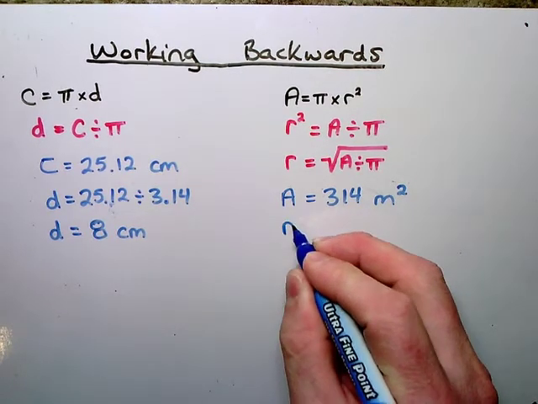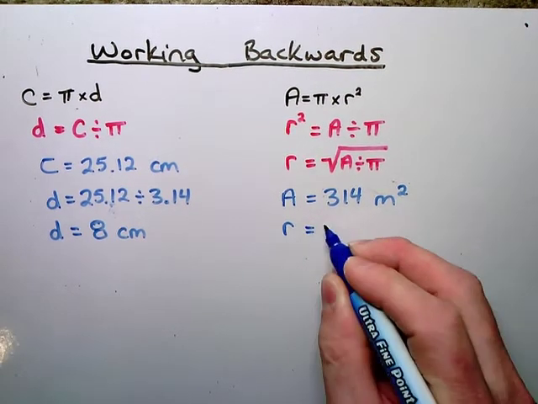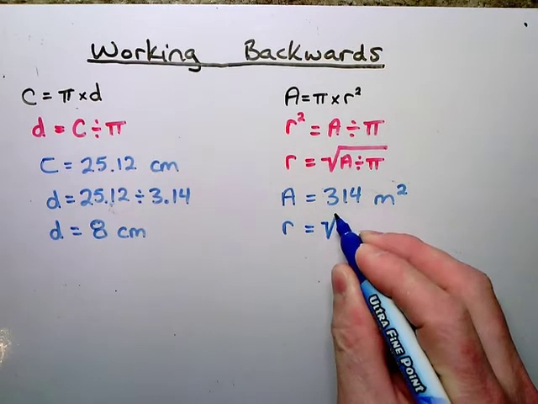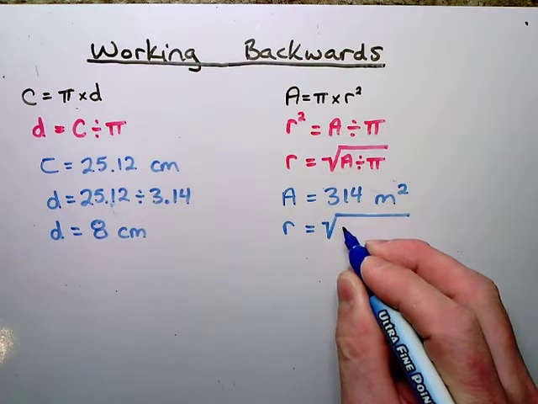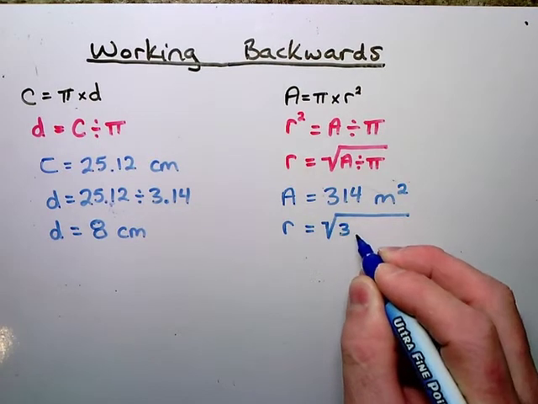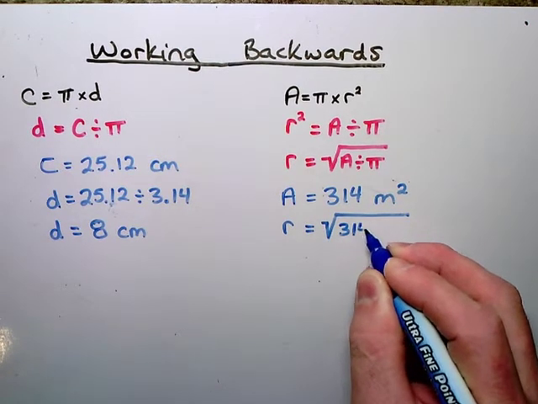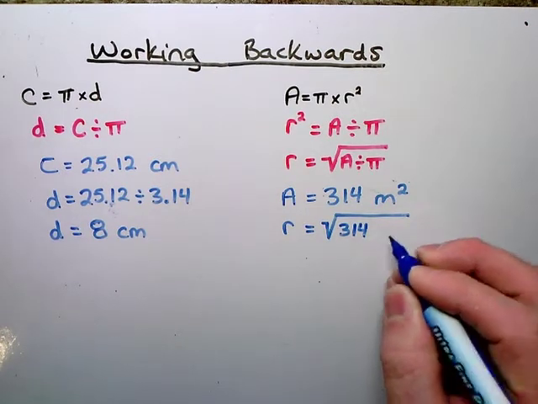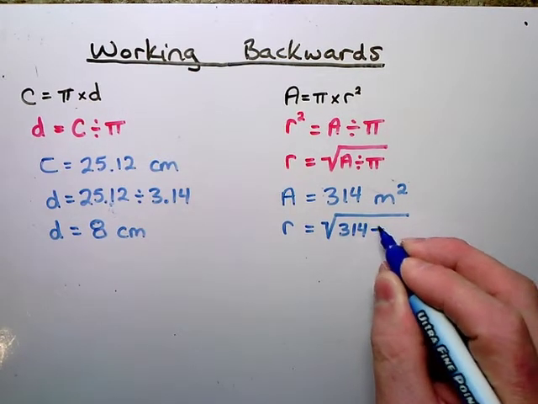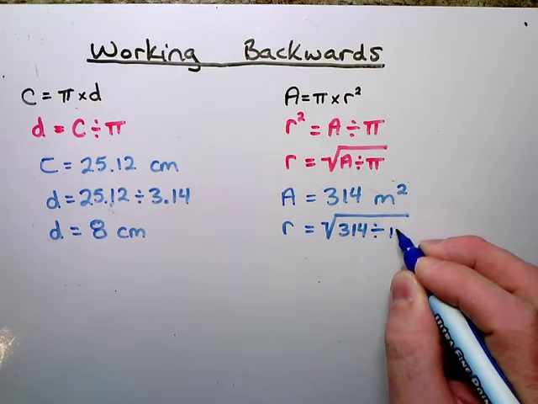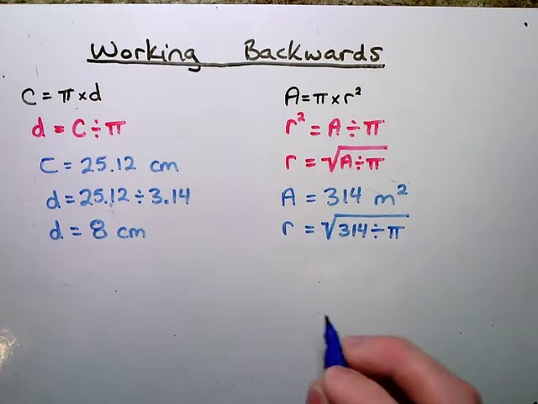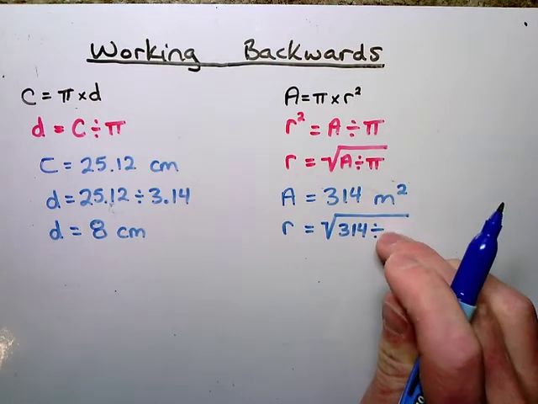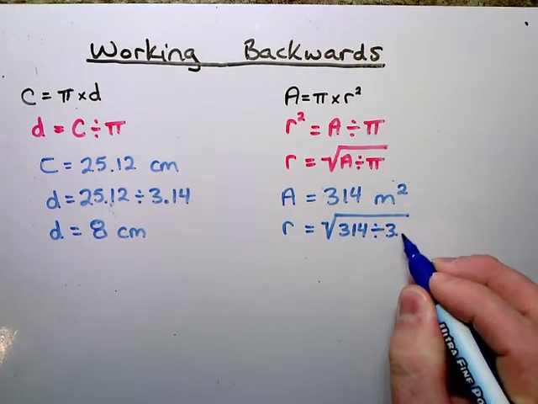So the radius is equal to the square root of 314 divided by pi. So 314 divided by pi, which as we know is 3.14.